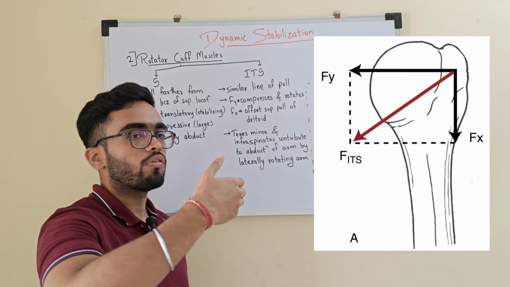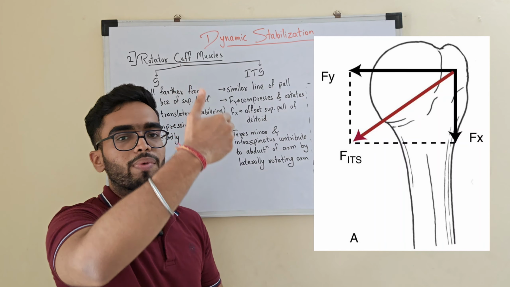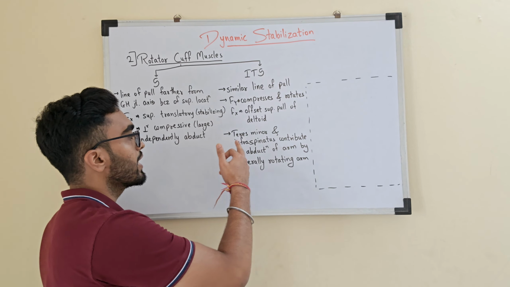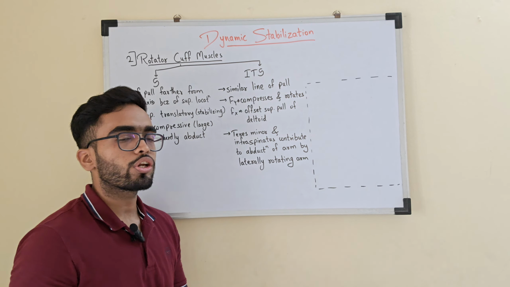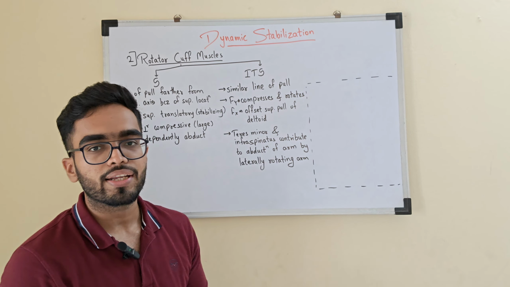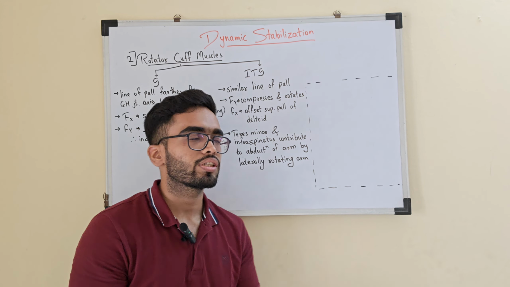Okay, so the pull of deltoid is balanced out by the pull of ITS muscle. Also, the teres minor and infraspinatus contribute to the abduction by laterally rotating the glenohumeral joint, and thus the greater tubercle passes the coracoacromial arch.